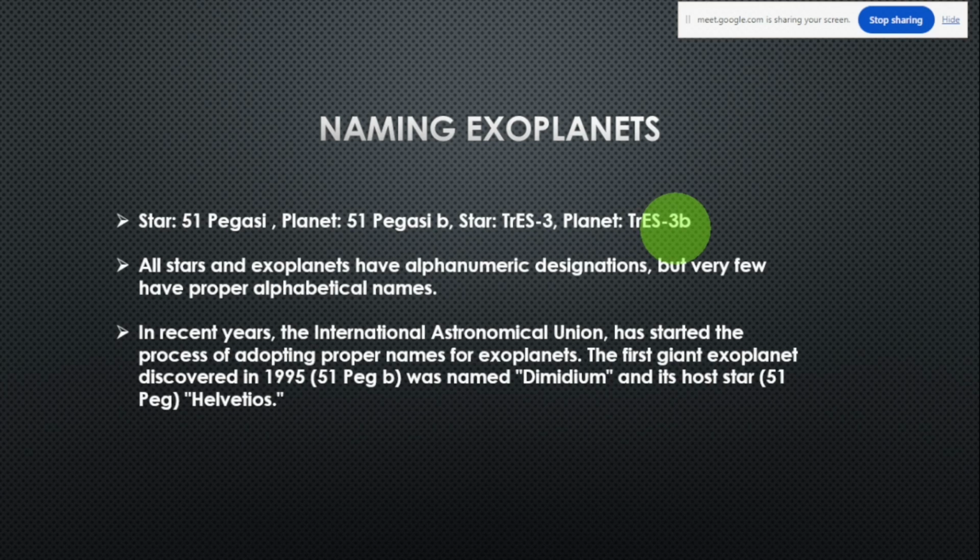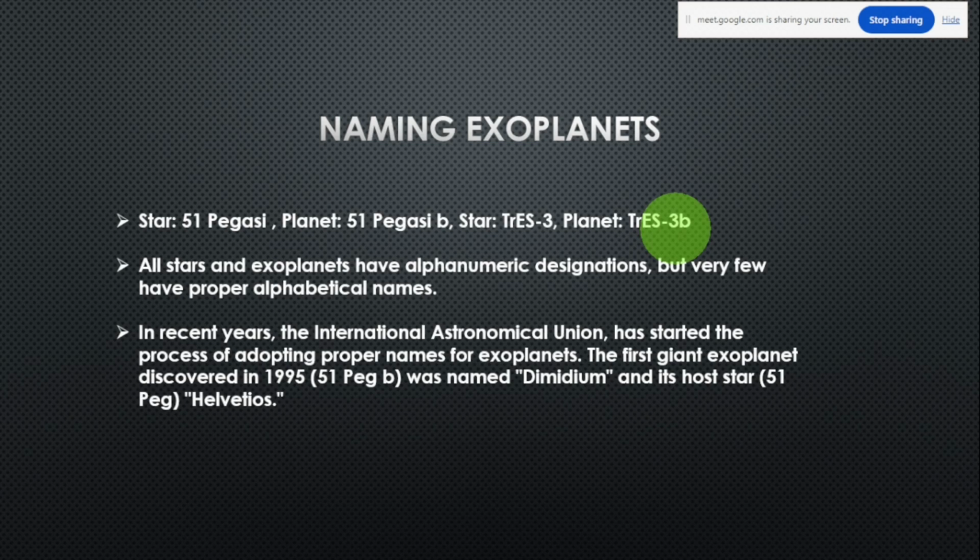Now, assuming you have three exoplanets around a star, the first to be discovered becomes Tres-3b. The second becomes c. The third becomes d, and it continues. Do you understand? So this is the typical way planets are named.